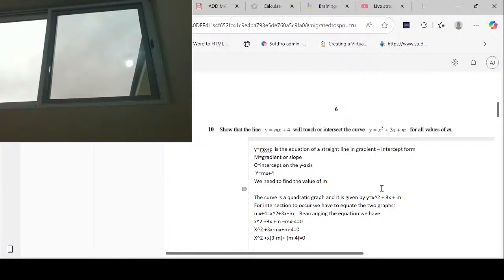So bring everything to one side: x squared plus 3x minus mx plus m minus 4 equals 0. Because we need to convert it to a quadratic. Now writing it down, x squared plus (3 minus m)x plus m minus 4. I think that's what we do. That's actually the same.